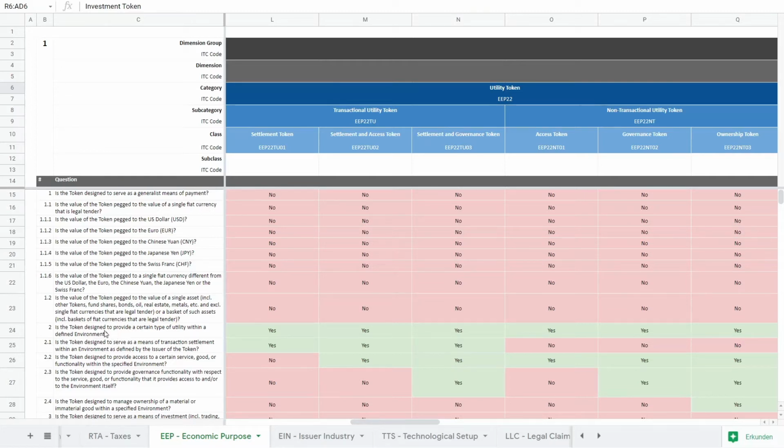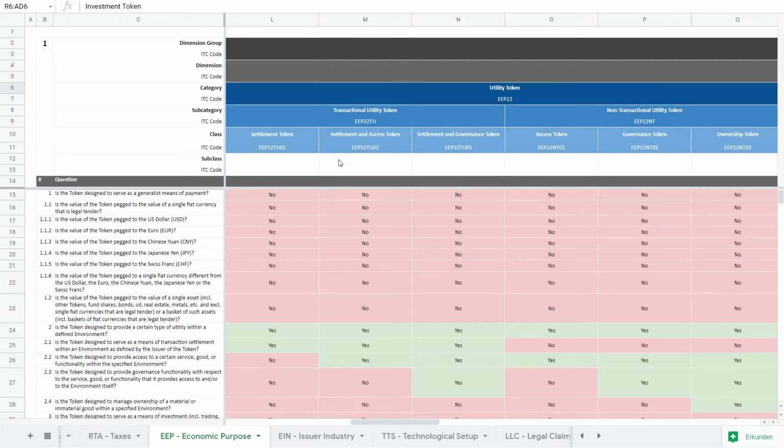And in that regard, we also have settlement and access tokens, which many tokens fall into, for example those used for centralized exchanges, like Binance Coin, BNB.